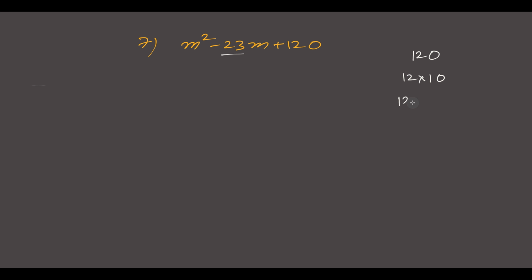Now instead of 12 and 10, I'm going to write 5 into 24. So 24 into 5 is 120. Now even if we subtract, you are going to get 19. 24 minus 5 is 19. It is no more going to work. Okay, now I'm going to split again with 3.